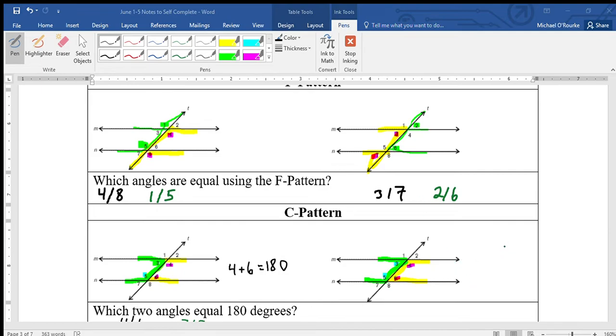And that is a C pattern. And lastly, I have a Z pattern here. I keep putting the Z unconsciously. So Z equals 45 degrees, it is a Z pattern.